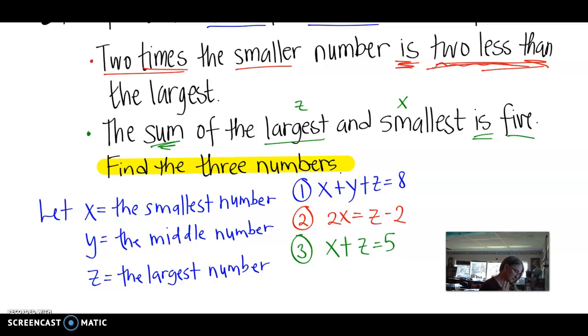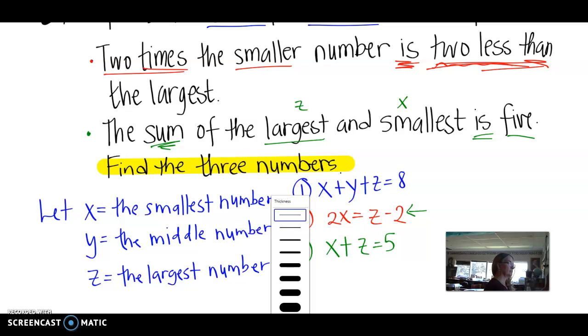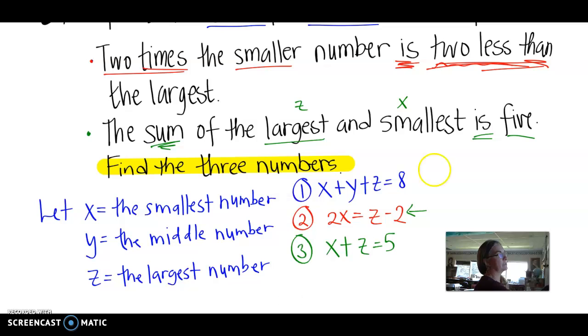So let's do this one though. There's different ways that you could do this. One way is we could solve equation 2 for z. I'm just going to add 2 to both sides. So I'd have 2x plus 2 is equal to z. It's just rearranging that equation.